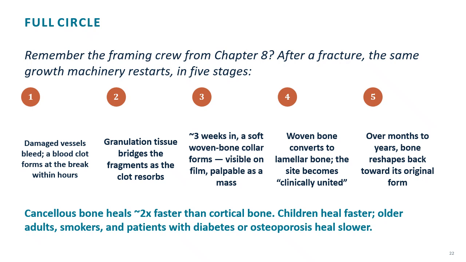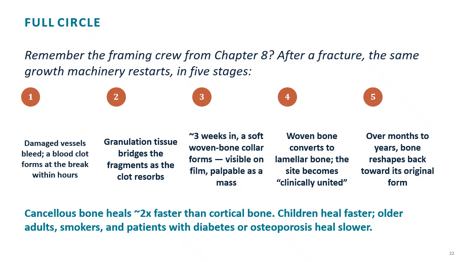Now, in terms of the healing process itself, the healing speed is going to vary. Cancellous bone typically heals a lot more quickly than the dense cortical bone. In terms of patient categories, children usually heal a lot faster than adults.